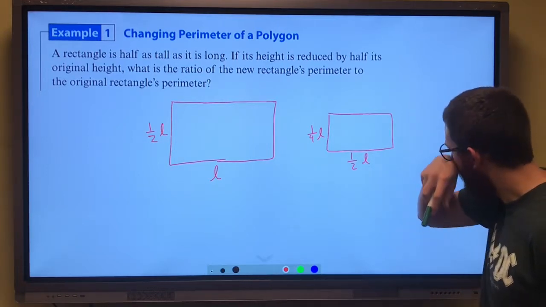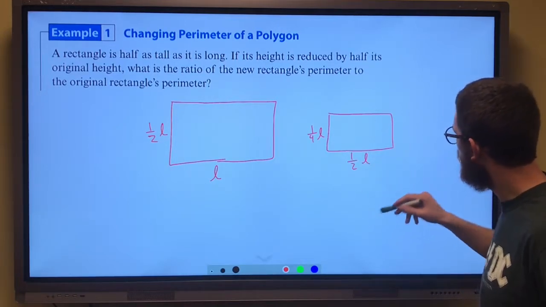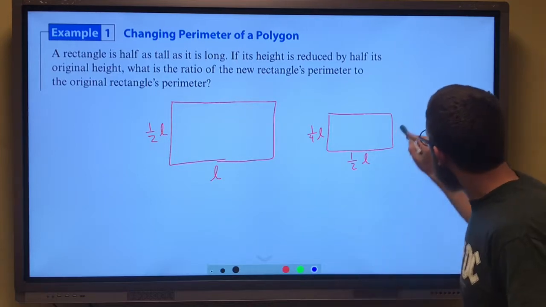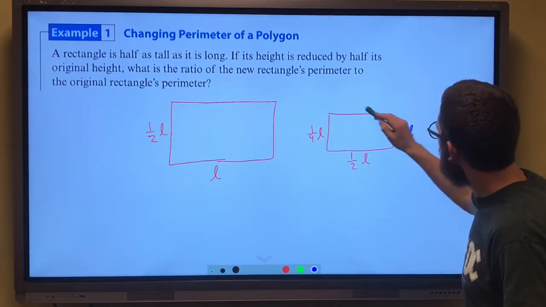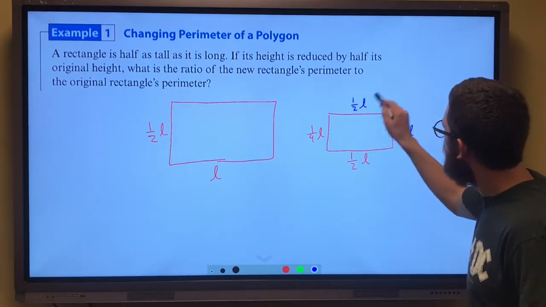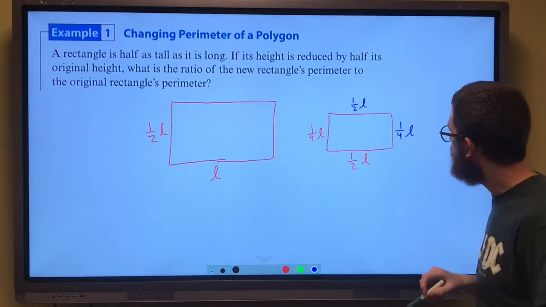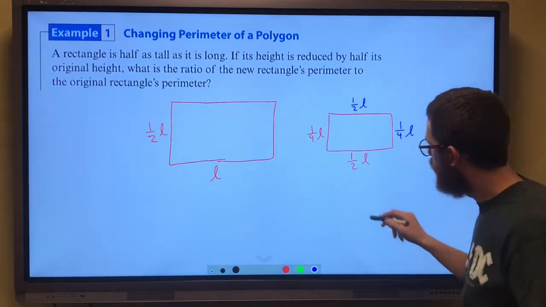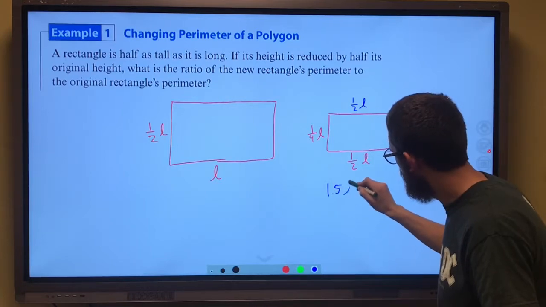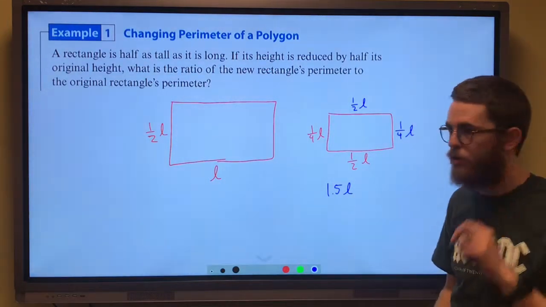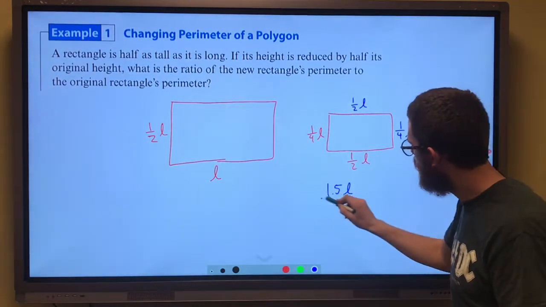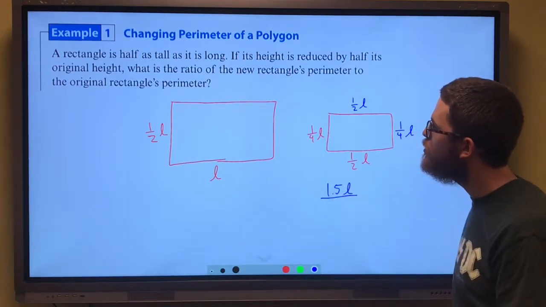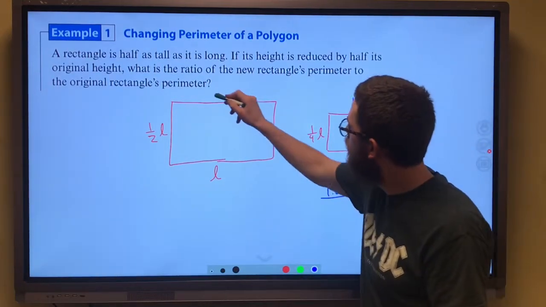Well, right here, we can see this would be a fourth the length, this would be half the length, and so the perimeter here would be 1.5 that original length. And we want to compare this to the original rectangle's perimeter.